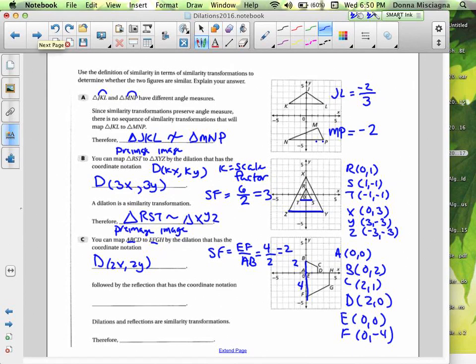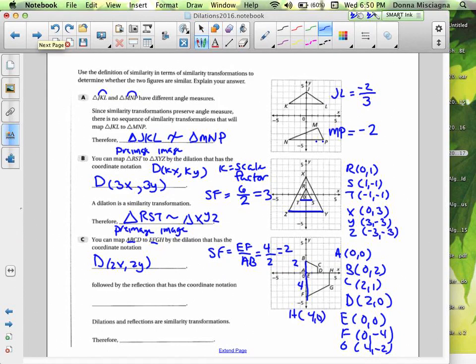And G is at 4, -2. And we have one more coordinate. We have, I'll just stick it over here, H, who's at 4, 0. Now ignore the signs for now because we have one other transformation that's going to change the signs. So don't look at the signs, just look at the values.